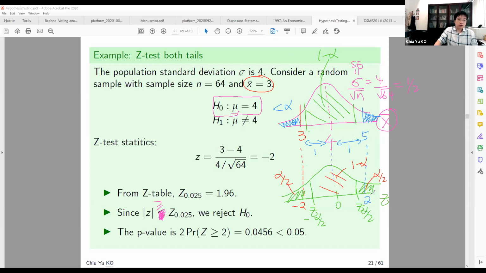So you would see that this is equal to negative 1.96, and this is equal to 1.96, and the actual one you find is 3, right? Which means that this area, both sides added together, is less than the alpha, 5%. So that's why you reject.